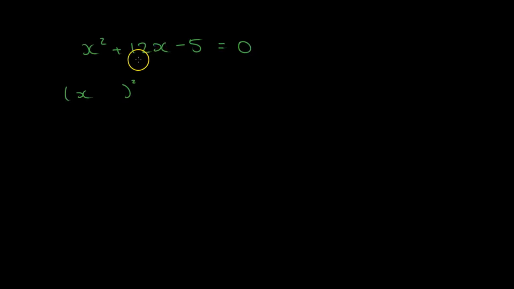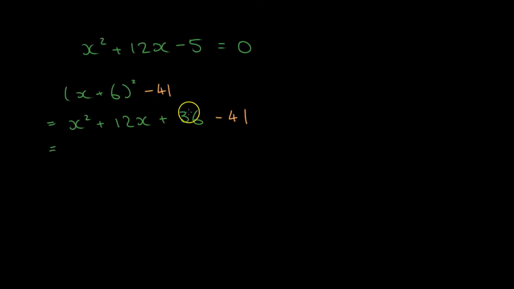Then I take half of the integer in front of the x, which would be plus 6. Let's expand that out in order to balance the final number. So we see that the integer at the end is plus 36, and we want minus 5. So we are going to have to subtract 41.